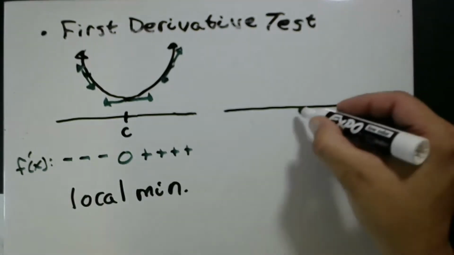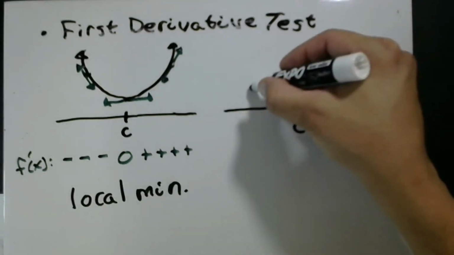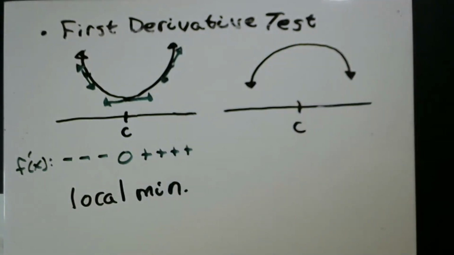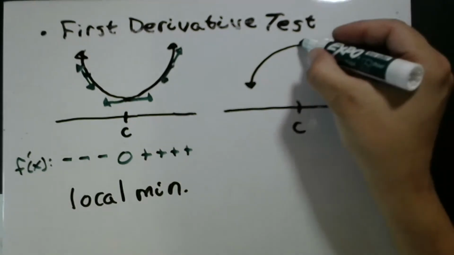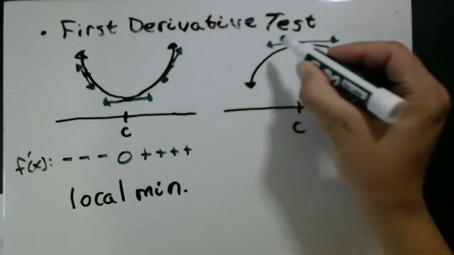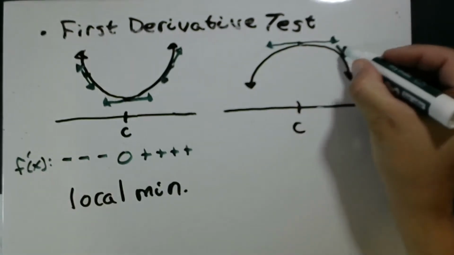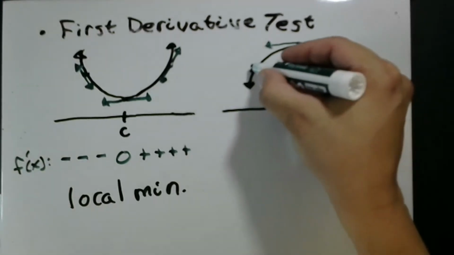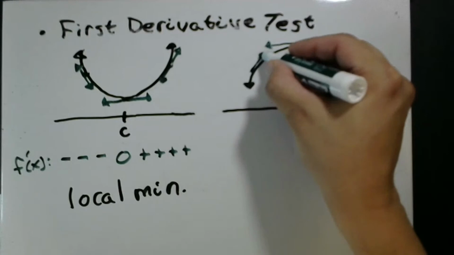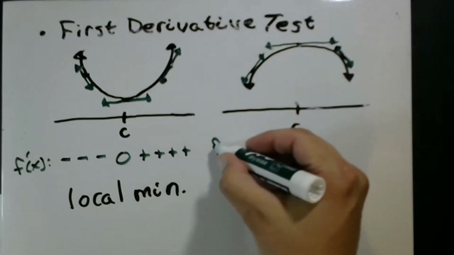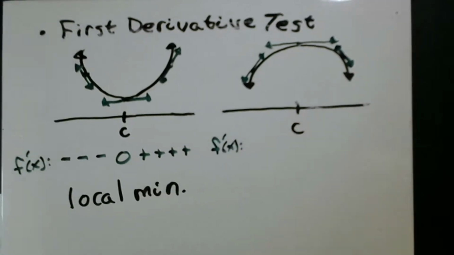Now, we could have the other situation that we're looking for. Now in this situation, we still have 0 at our critical point.